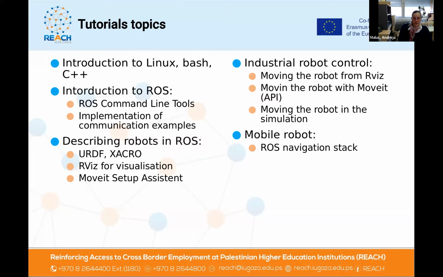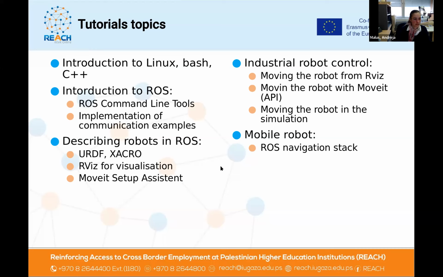And then we start first by just using the command line tools that are available, to get acquainted with how to implement the communication examples. So how do we have two nodes that communicate over a topic or using a service.